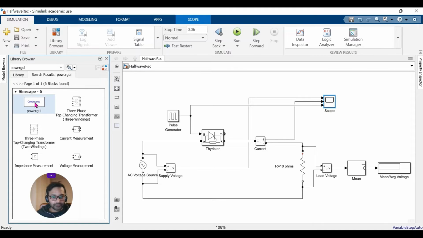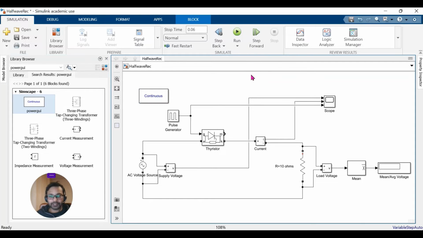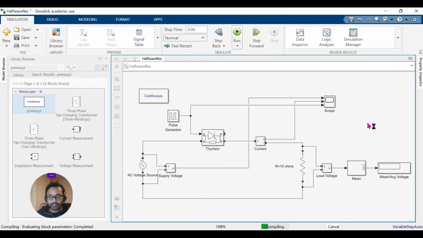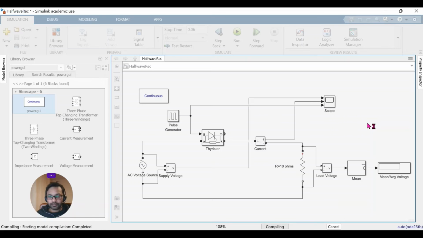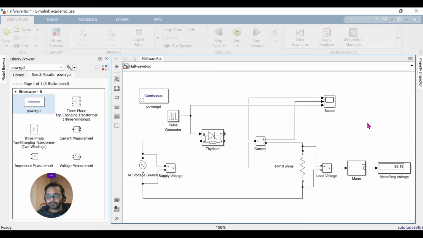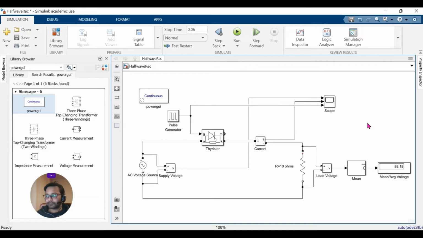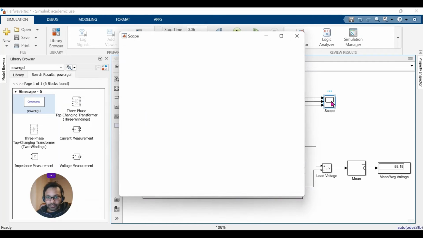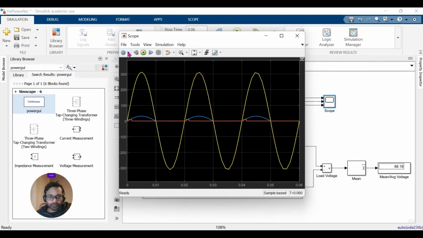So let's add it here, anywhere in the circuit, and now if we run the circuit, hopefully it should run. Okay, so we have run the circuit for a 10-degree firing angle. Let's first check the output.